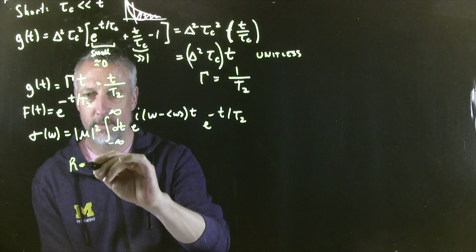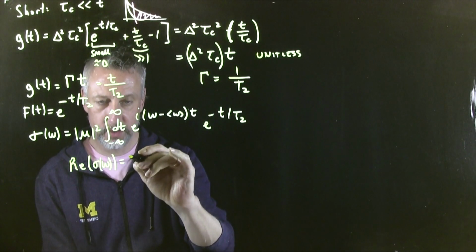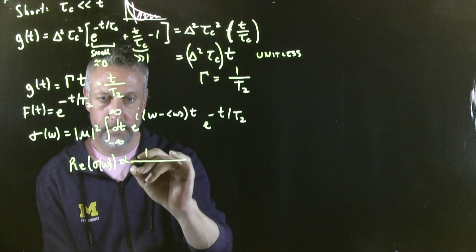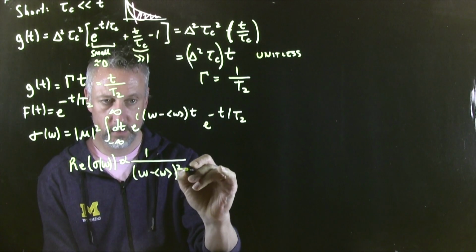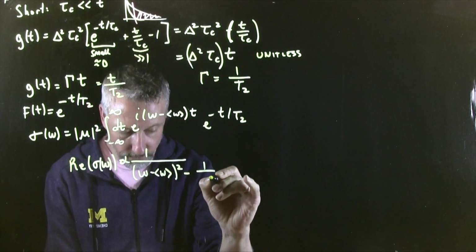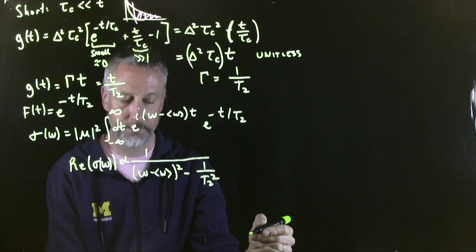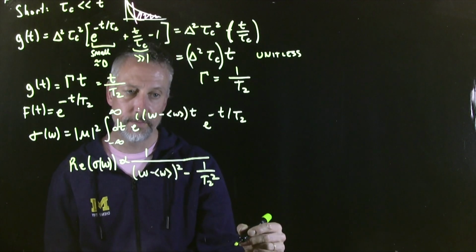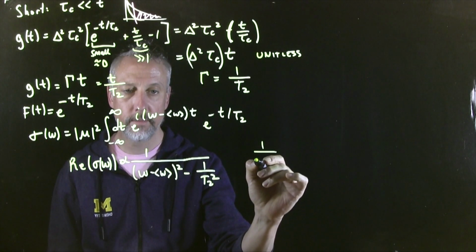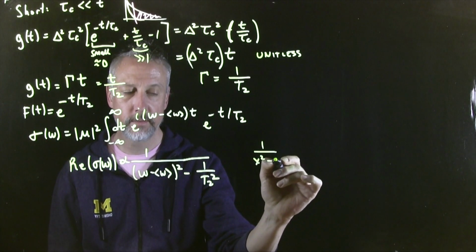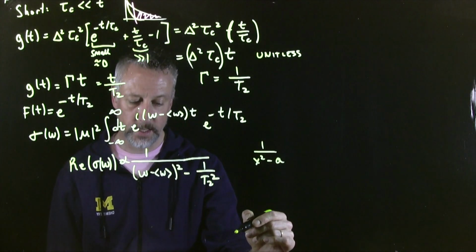So the real part of sigma of omega is proportional to 1 over omega minus omega average squared plus 1 over T2 squared. Okay, so this looks like something like 1 over x squared plus some constant, and this looks like a Lorentzian.